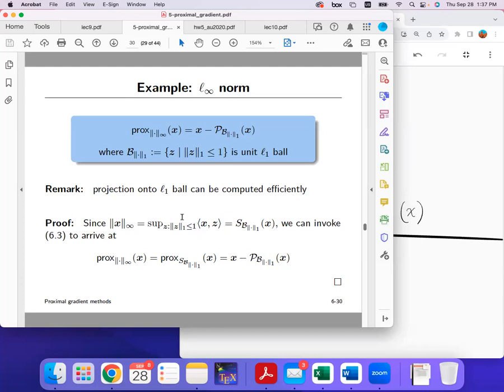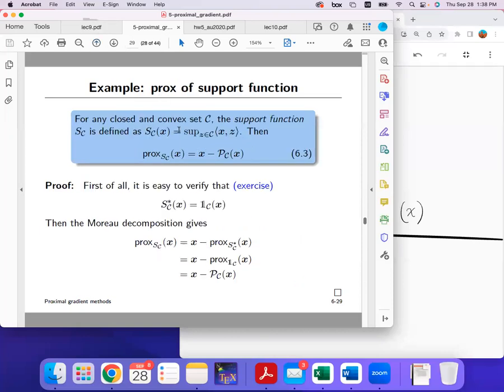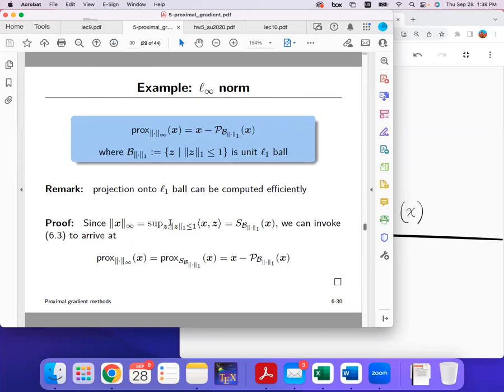And this is simply, by definition, the support function associated with the L1 unit ball evaluated at X. If you compare this with the definition of the support function, now this set C becomes this L1 ball. So it's a support function.